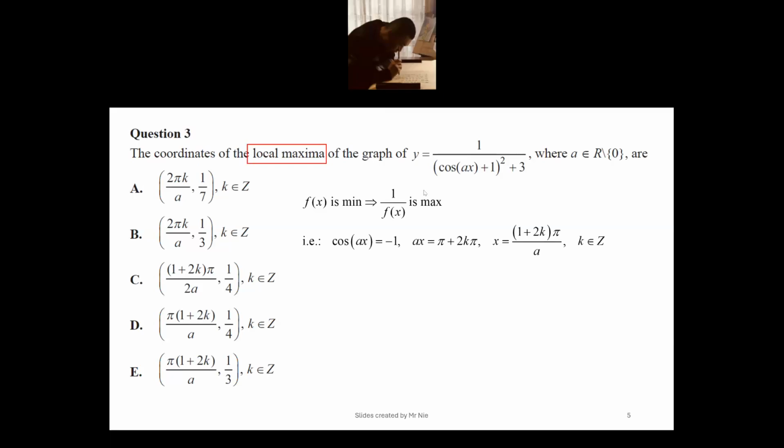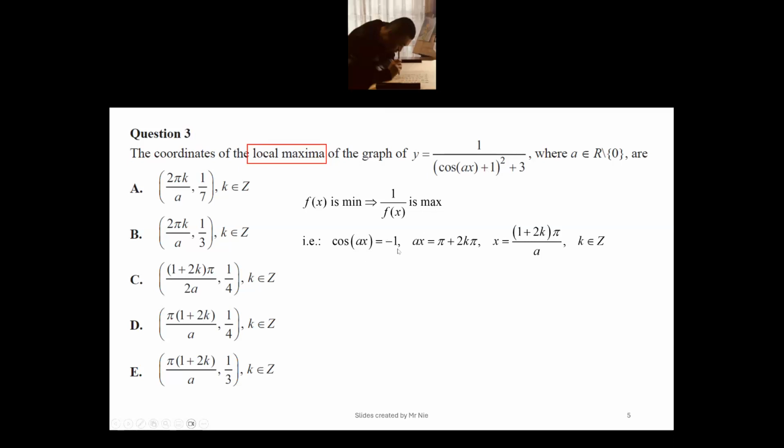Basically, you just need to recognize that when the denominator is the smallest, the reciprocal will be the largest. For example, cosine(ax) can only take values between -1 and 1. So taking cosine(ax) equals 1 will make this perfect square the smallest, which is 0.